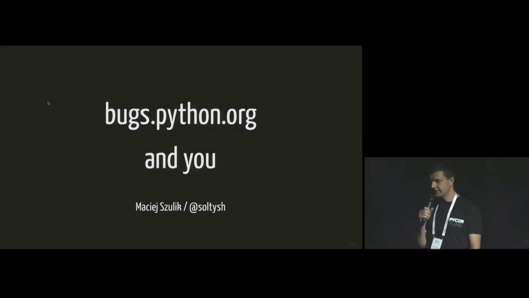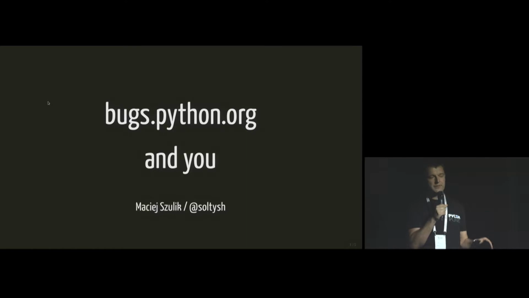Hi, I'm Maciej. How many of you know this address or have been to this address? Just a few? Okay, so this is the place where you file every problem that you have with Python, CPython in majority, because that's what it's devoted to. But unfortunately, all the fame goes to CPython developers because they are so cool.